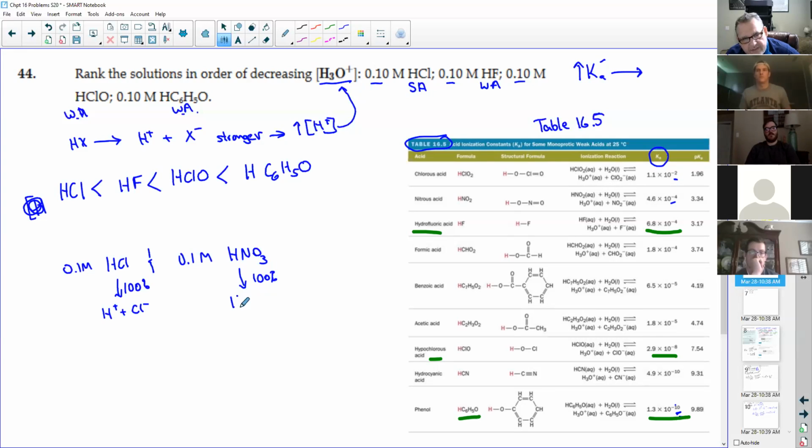In those cases, it would be equal amounts. So those two would have been equal.